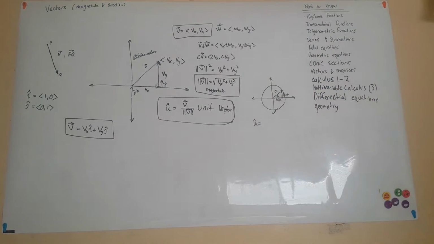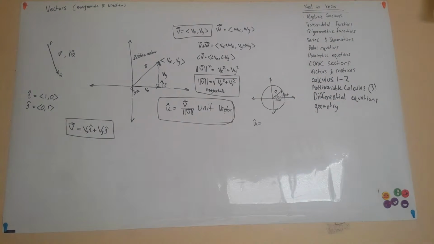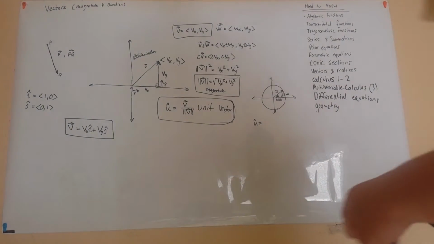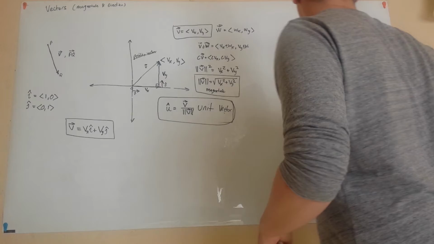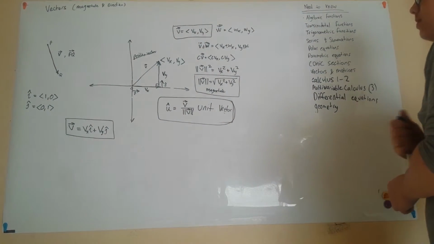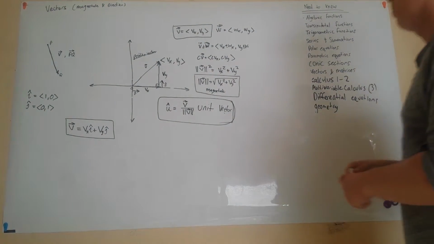And maybe the unit circle isn't a good description, right? And if you know polar equations and polar coordinates, I think it's better to understand polar coordinates.